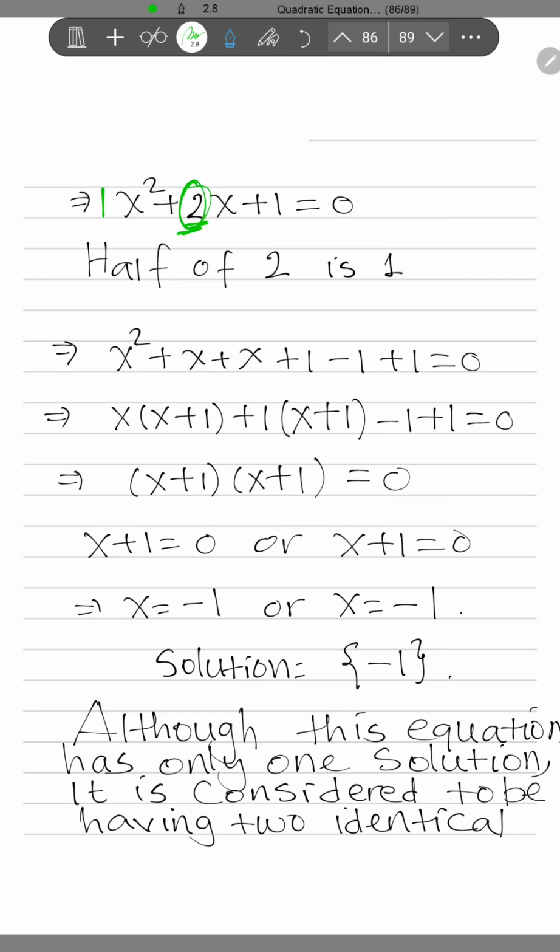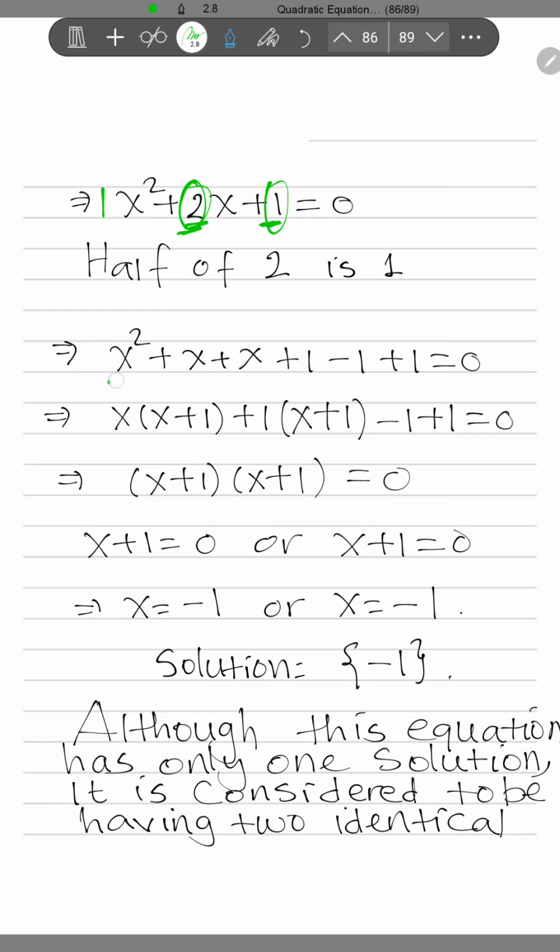Half of 2 is just 1, 1 squared is 1. So we would need to add 1 here and at the same time subtract 1 here, but it is just 1 there, so we don't need to add or subtract anything in this case. It's just a perfect square.